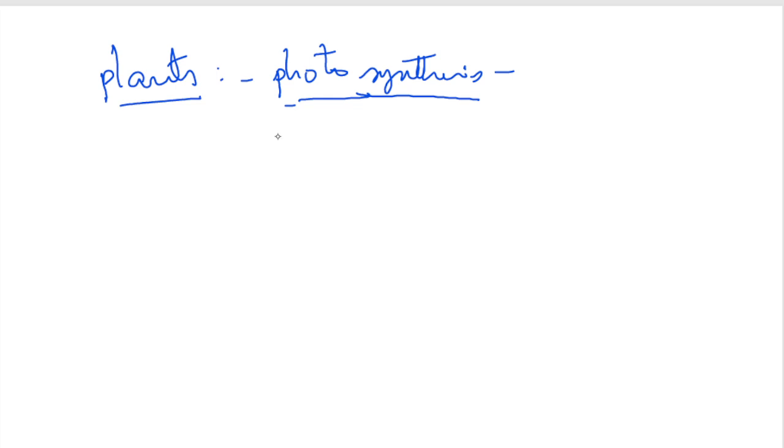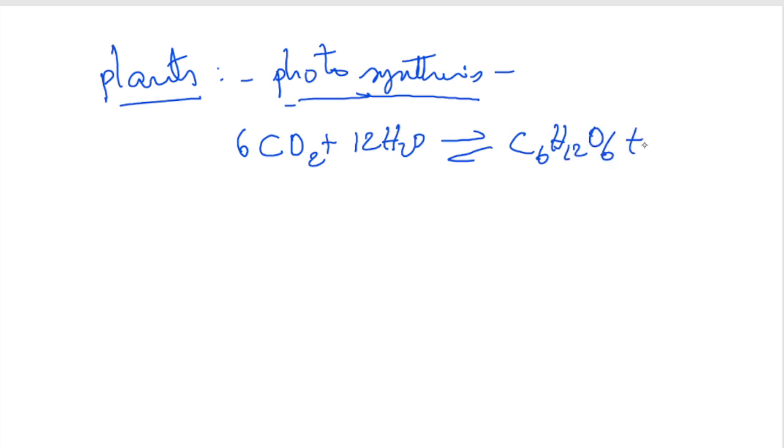We know that photosynthesis can be denoted as an equation: 6CO2 plus 12H2O gives rise to C6H12O6 plus 6O2. It is the equation of photosynthesis. The plants absorb carbon dioxide from the air and water from the earth, and synthesize the glucose molecule, C6H12O6.